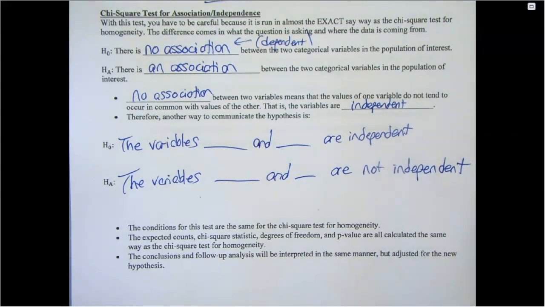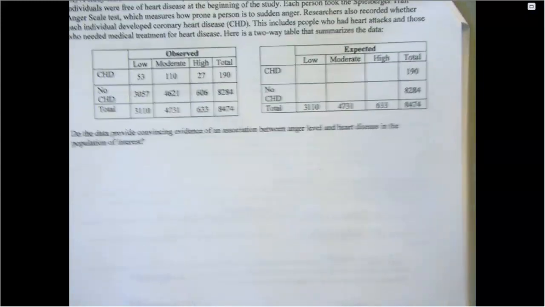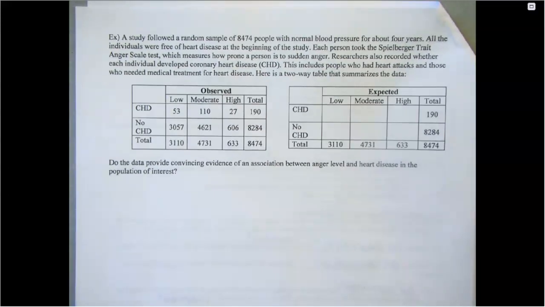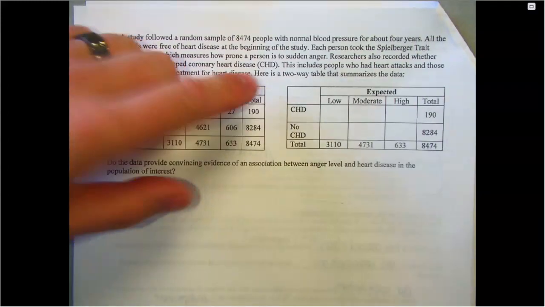So I think there's just an example on the next page. We'll just do it. You've got anger levels and heart disease. I'm going to do the test in a second. We'll write everything out.